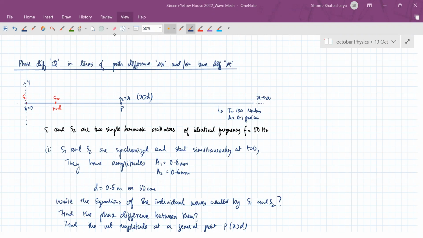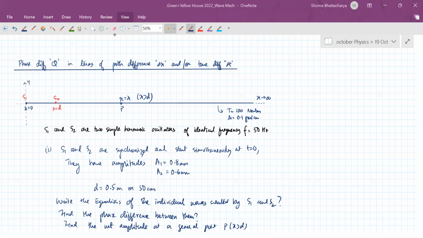So even though the two sources are synchronized and they are started simultaneously at t equal to 0, that means the sources are oscillating in phase, but the waves are not going to travel in phase because they have different path lengths that they are traveling. So through this question's calculation, we will understand the relationship between phase difference phi and path difference delta x, where delta x would be the difference in the path length traveled by the wave from S1 and S2 respectively to reach the point P.